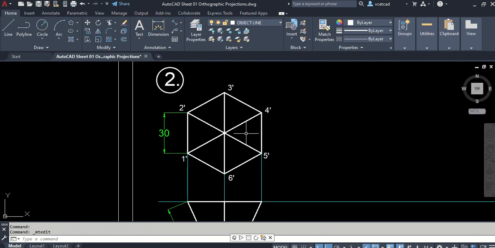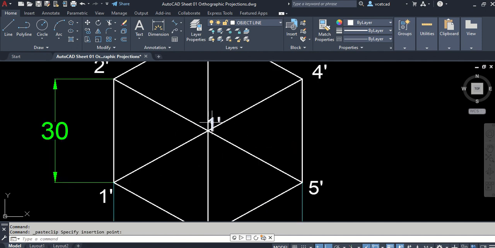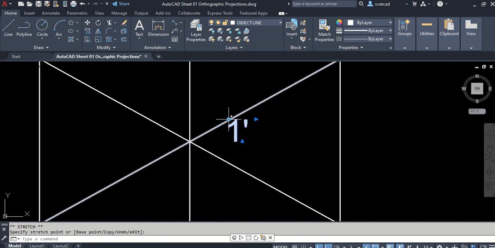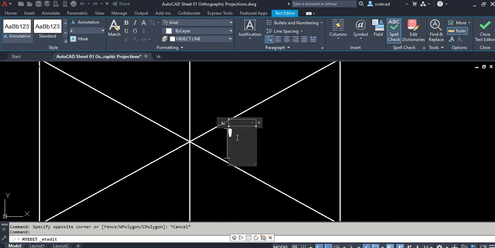Similarly, you will get an apex, so I'll name that point O dash.